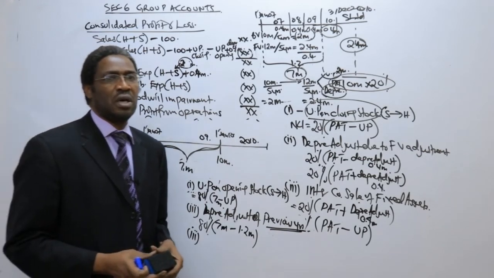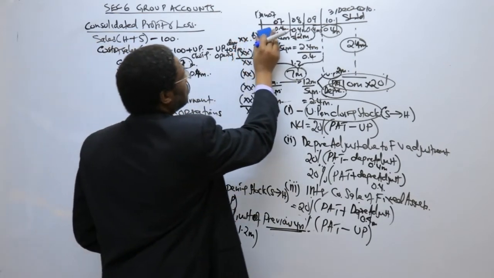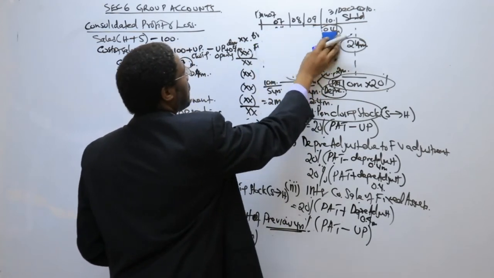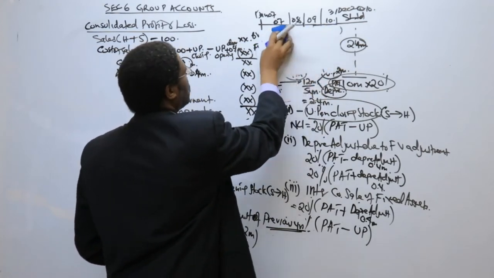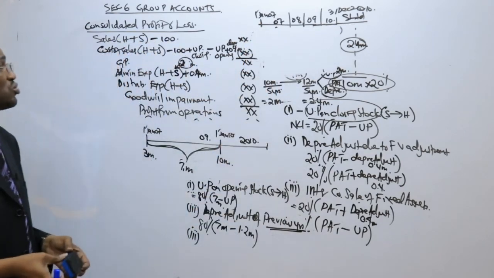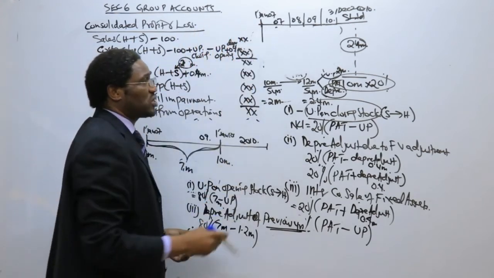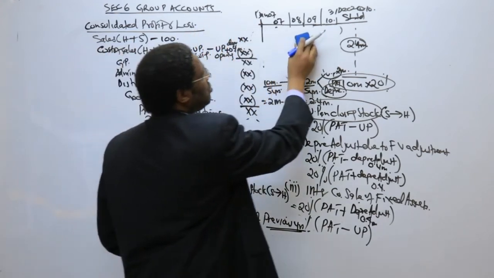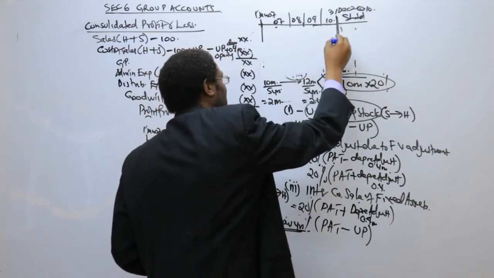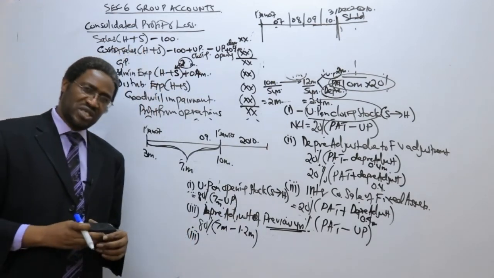Okay. Before I give it to you, let me take you back here. We are still using this scenario where we are assuming you acquired your subsidiary company in the year 2007, and we are assuming you are consolidating on 31st December 2010.